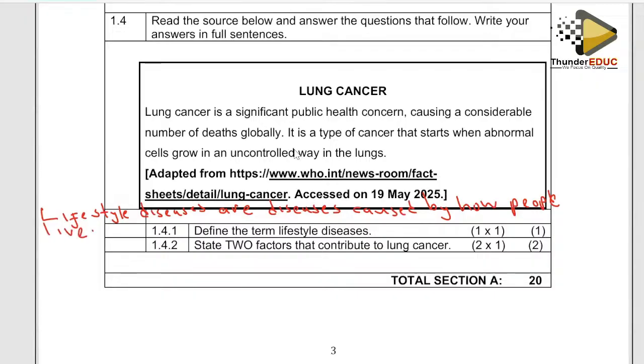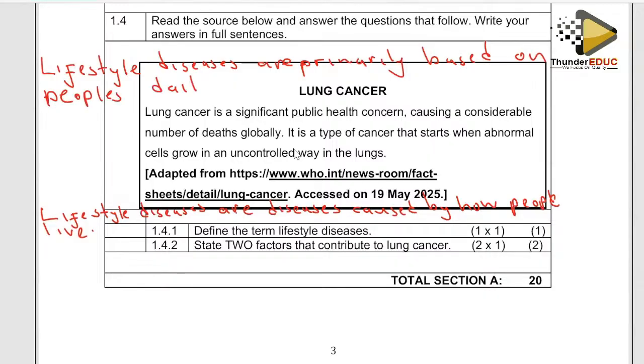You can also say that lifestyle diseases are primarily based on people's daily habits, what you do on a daily basis.